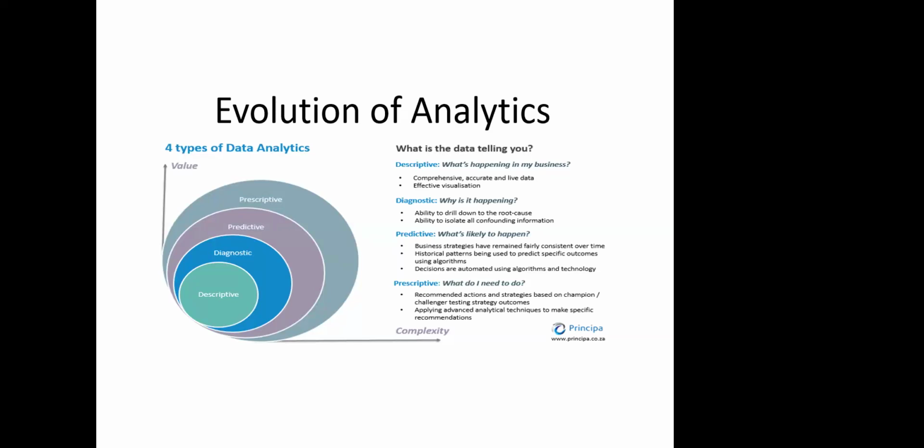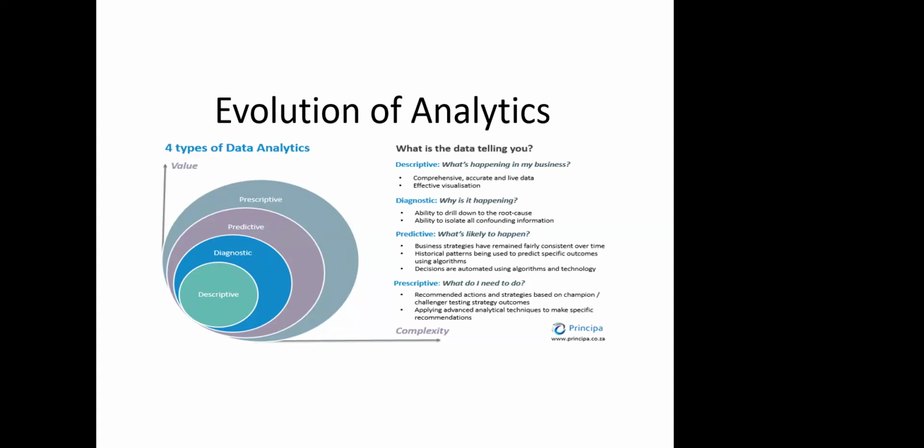Now again we'll come to the evolution of analytics. As we have discussed, it is known as the evolution of analytics, the types of analytics, and also the scope of analytics. There are 4 types. What are the 4 types?